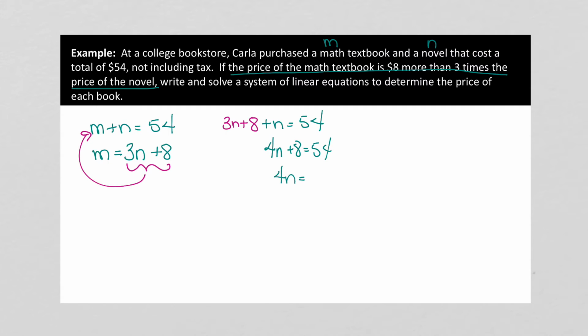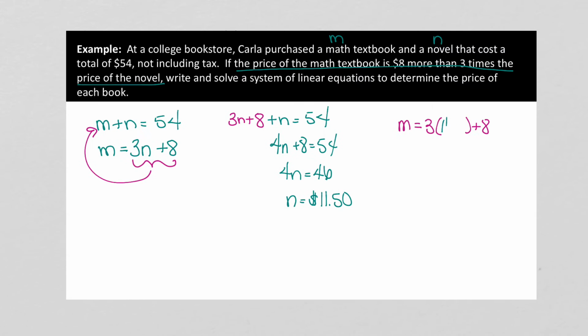Subtract 8 from both sides, and divide by 4. So the cost of the novel was $11.50. Then to find the cost of the math textbook, we'll just plug in the cost of the novel for n. And we get that the textbook was $42.50.